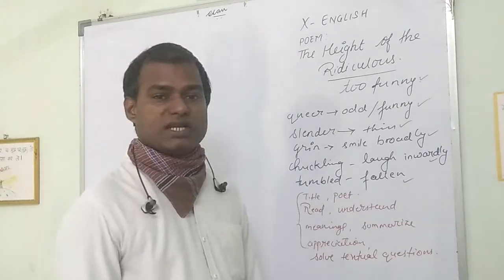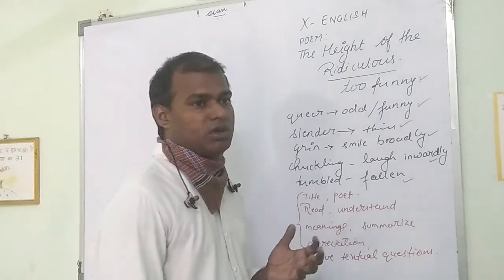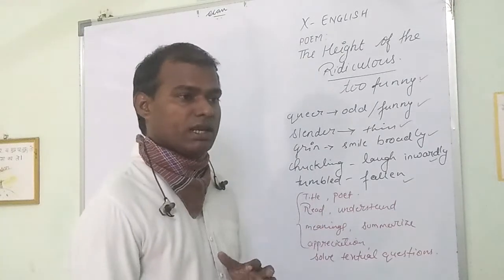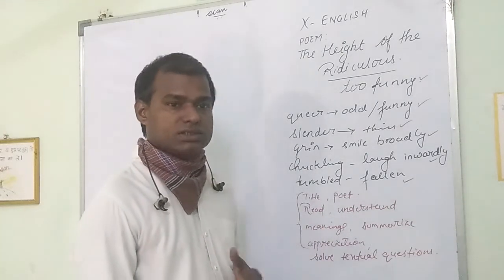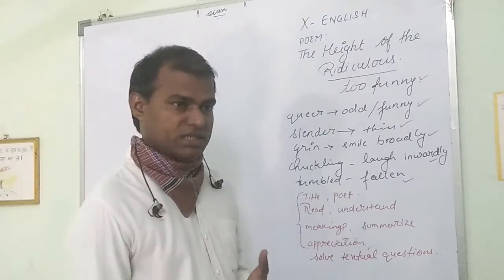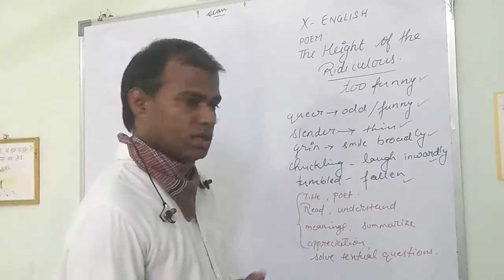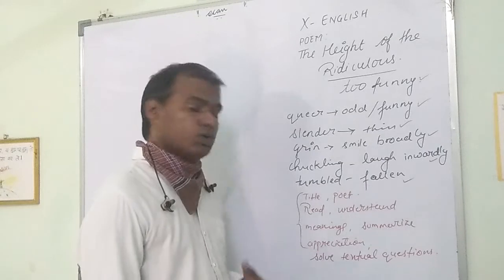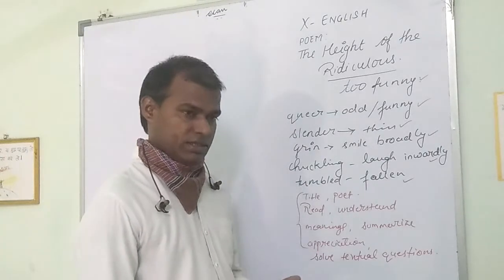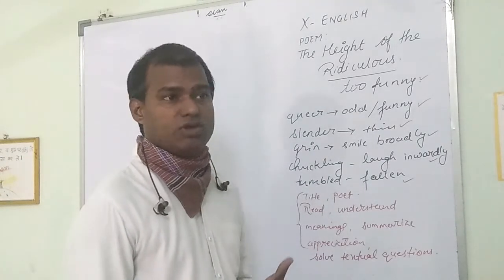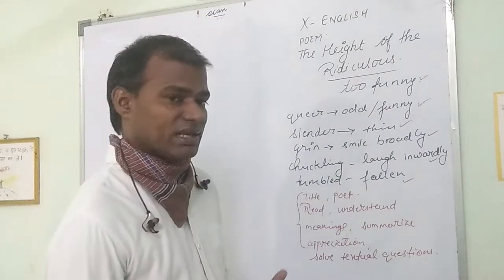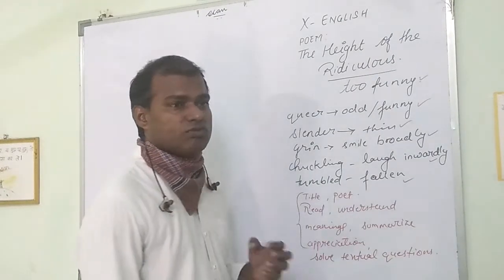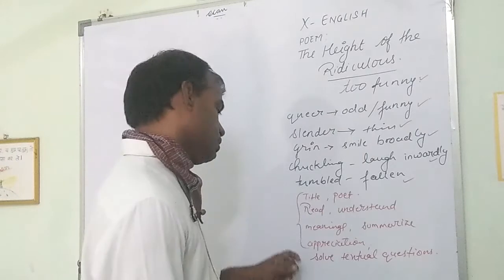What is the type of the poem? Who has written it? What is the title? Rhyming scheme, rhyming words, the message of the poem, central idea, figures of speech. All these things should be known to the student so that he can appreciate the good lines, the humorous lines or the serious lines written in the poem, and what type of words have been used there.